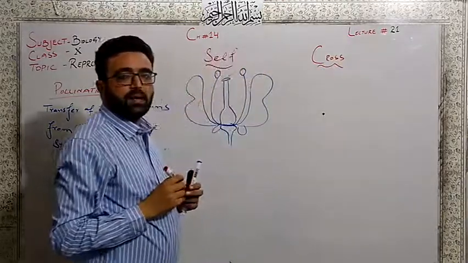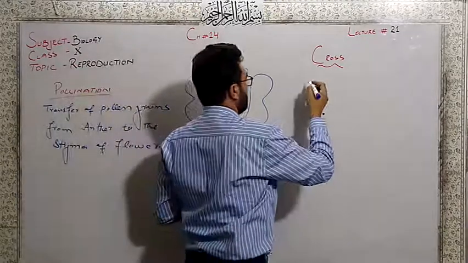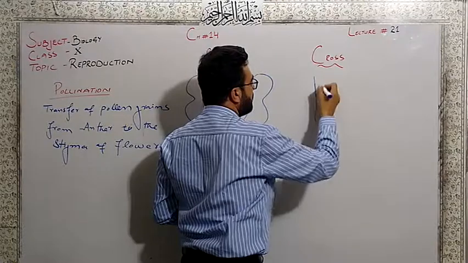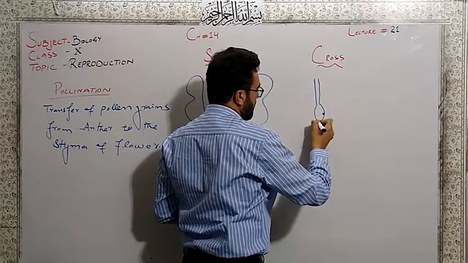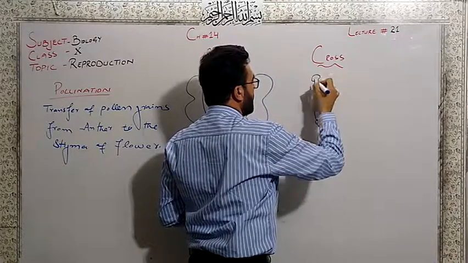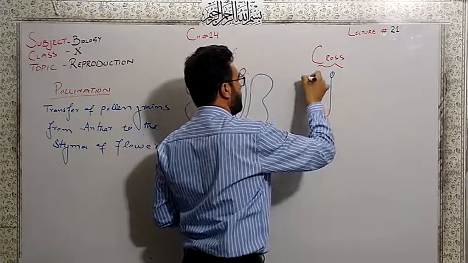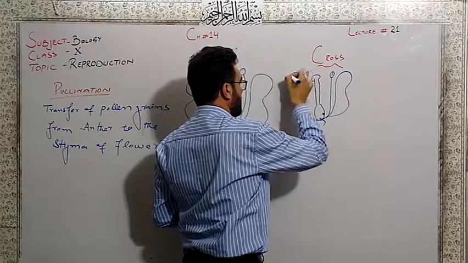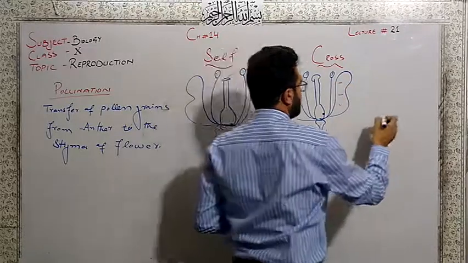But if we have pollination between different plants of the same species, for example, we have a brassica flower, but this is one plant of brassica, and this is the second one.